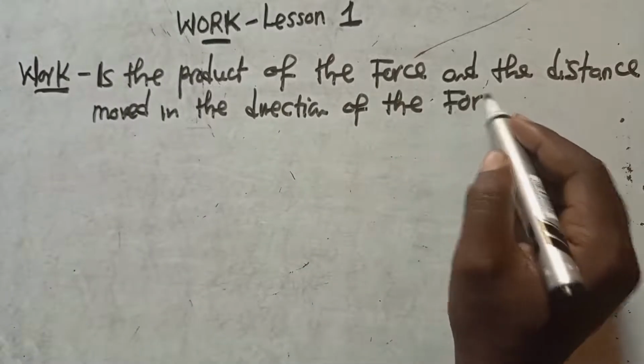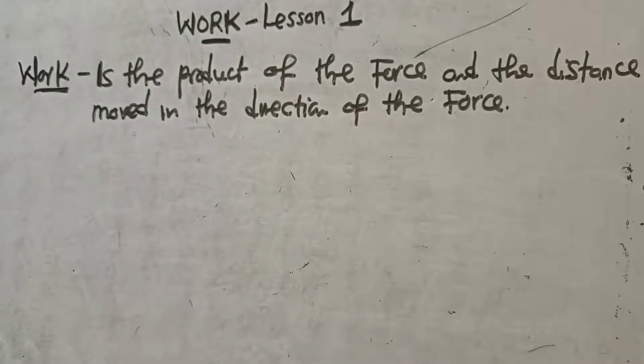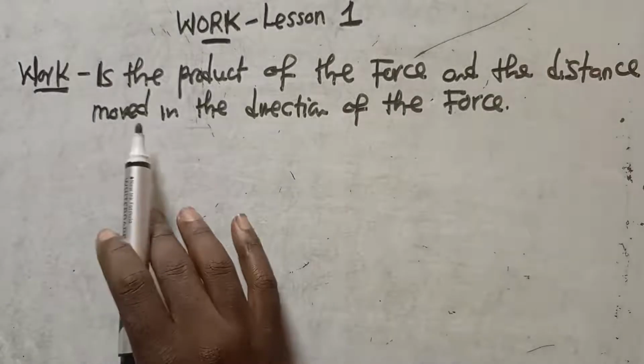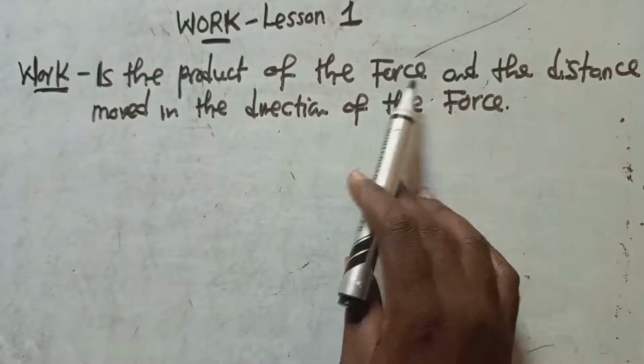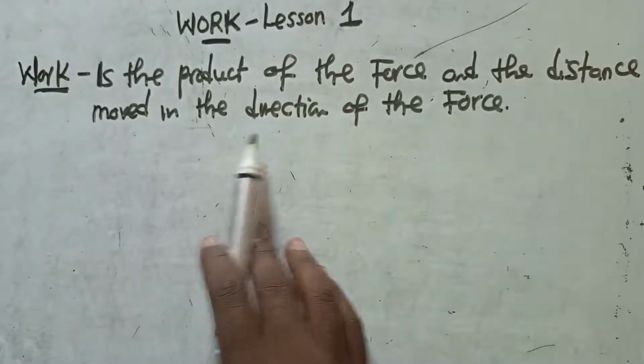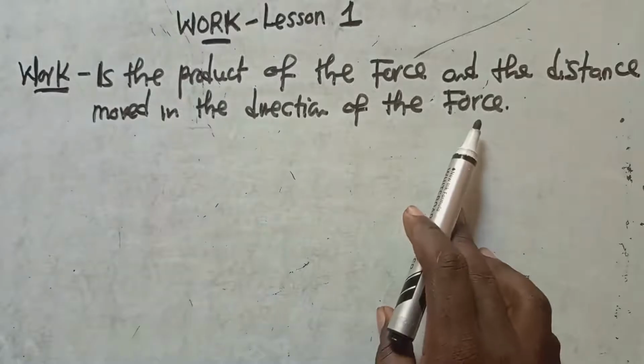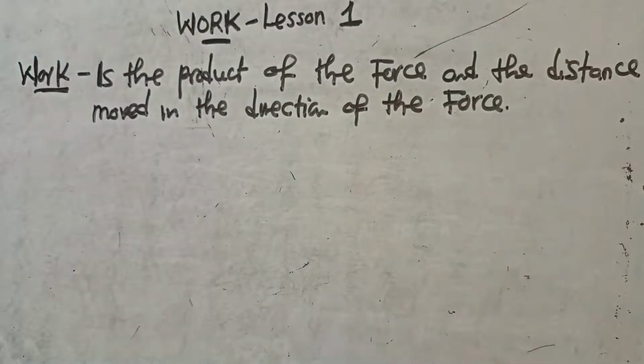This is what you are supposed to know. So when I say this is work, I'm talking about the product of the force and the distance moved in the direction of the force. This is different to moment.